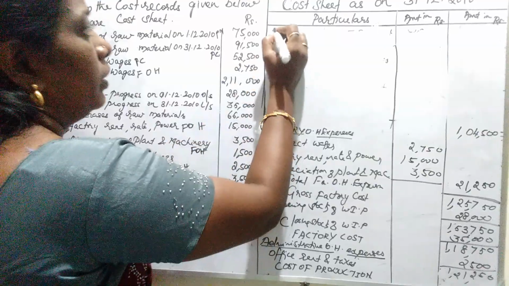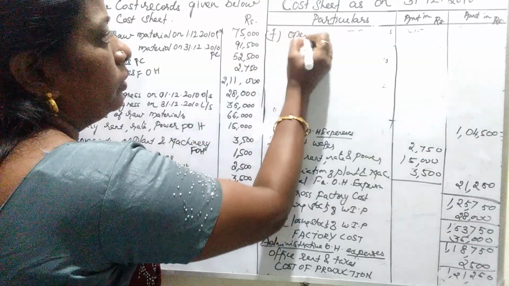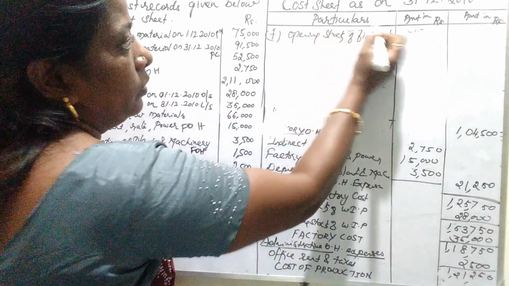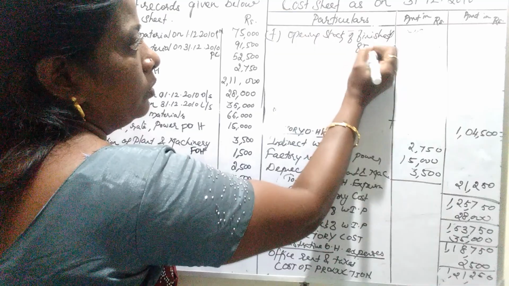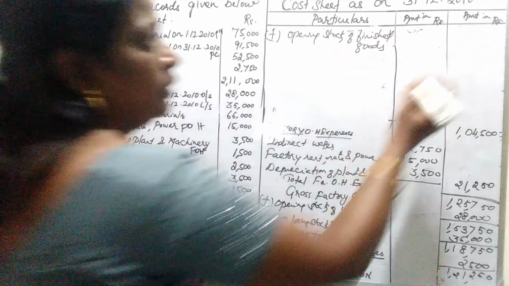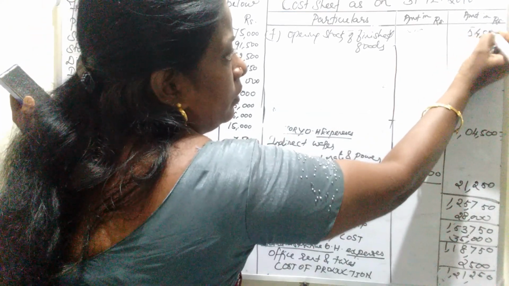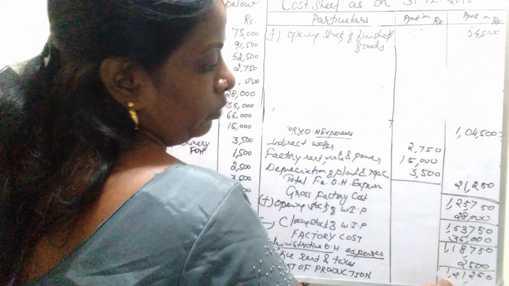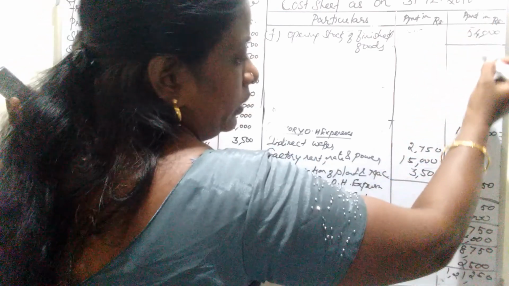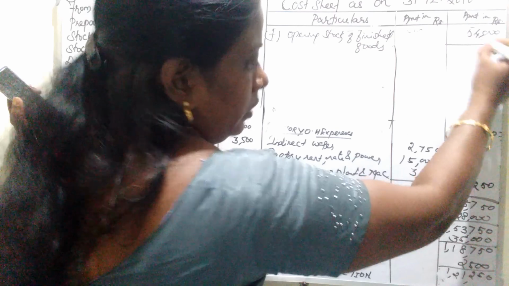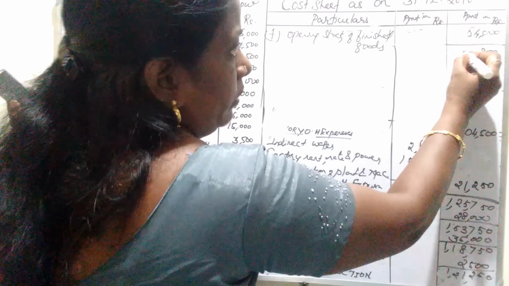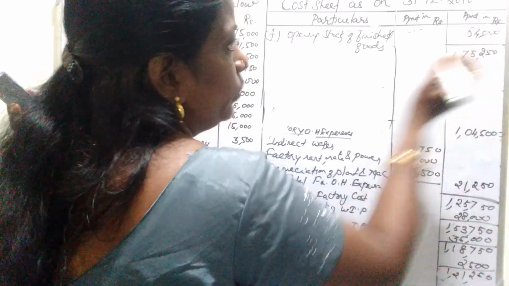Okay. Add the opening stock of finished goods, that is 54,000. If we add this 1,21,250 with 54,000, this is 1,75,250.